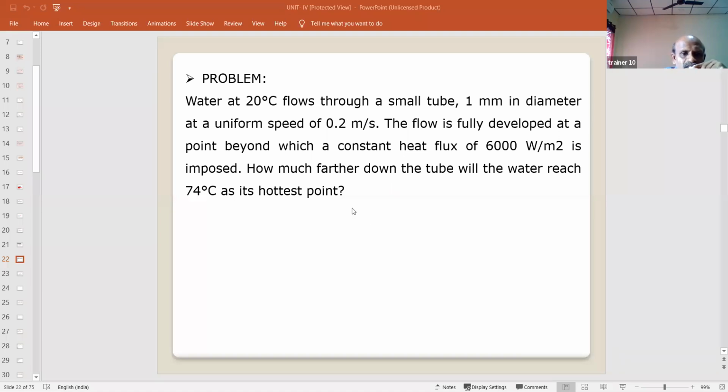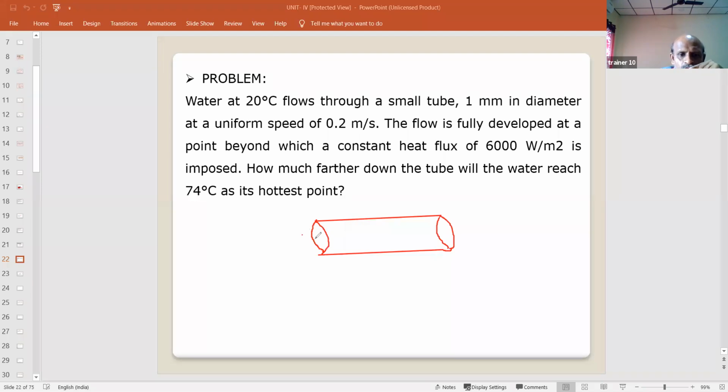Now what we have to calculate is at what length of the pipe we get 74 degrees centigrade. Let us say this is the pipeline.